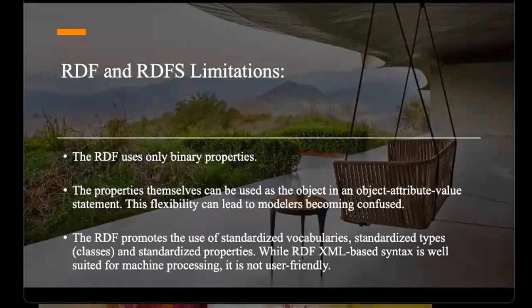The properties themselves can be used as the object in an object-attribute-value statement. This flexibility can lead to modelers becoming confused. Also, the reification mechanism is very powerful but may be misplaced in the RDF language, since making statements about statements is complex.